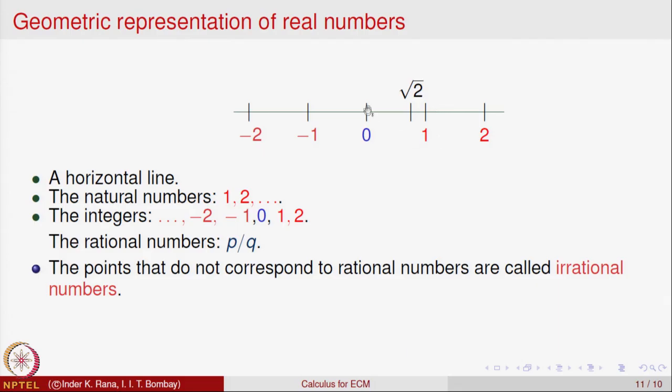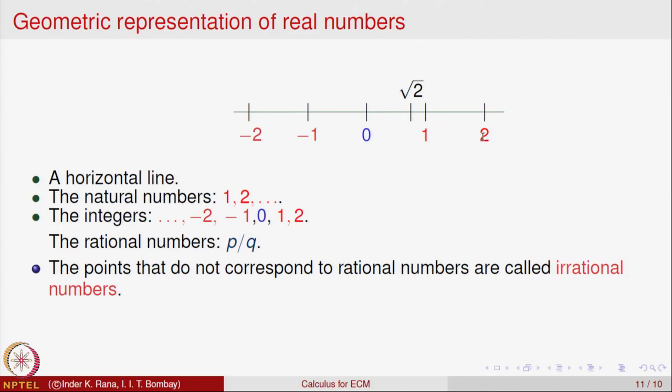So, basically if you take a square of unit length and take the diagonal, that diagonal will have length squared equal to 2. So, if you draw it here, you will get a point here whose square is equal to 2, right. And one can prove that this point which you get is not a fraction.